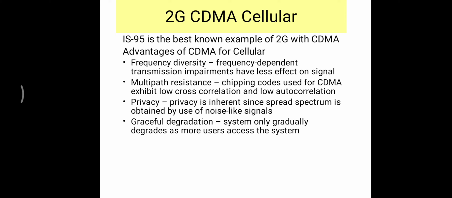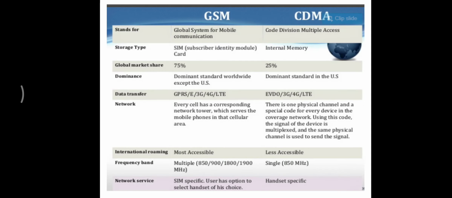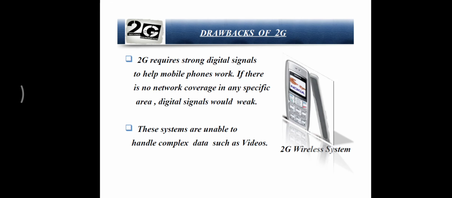Then multipath resistance, and privacy. Then graceful degradation: the system only gradually degrades as more users access. Degradation means reducing the performance of the system, so as the number of users increases, the degradation increases.